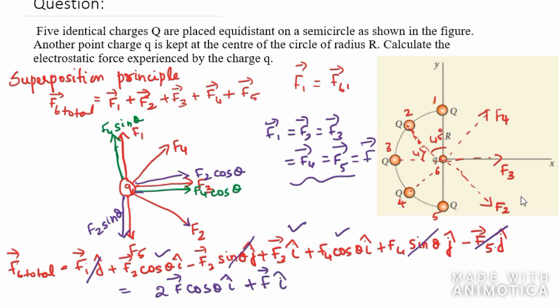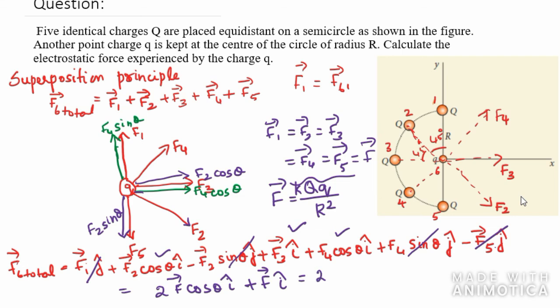So what is F here? The force of attraction between the two charges, that is K into Q Q by the distance R square. Again when we are summing it up, for cos theta you have to use cos 45.